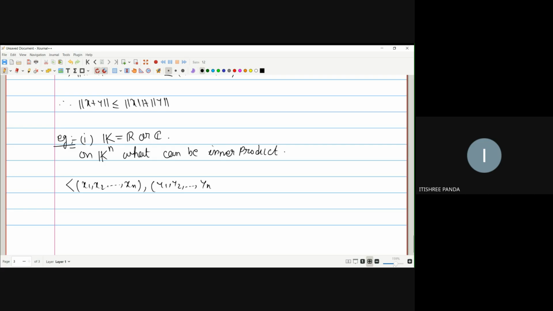For inner product, the summation of xi into yi conjugate. Yes, very good.